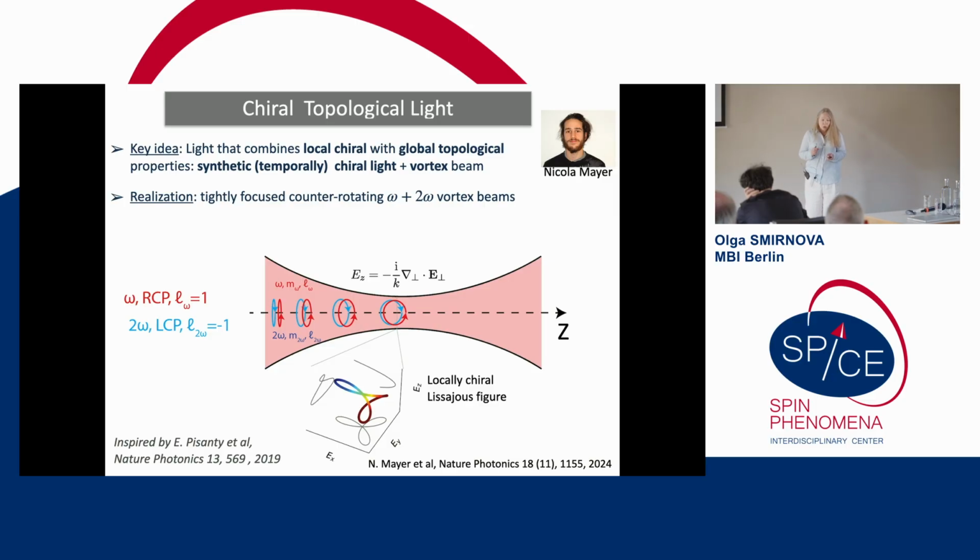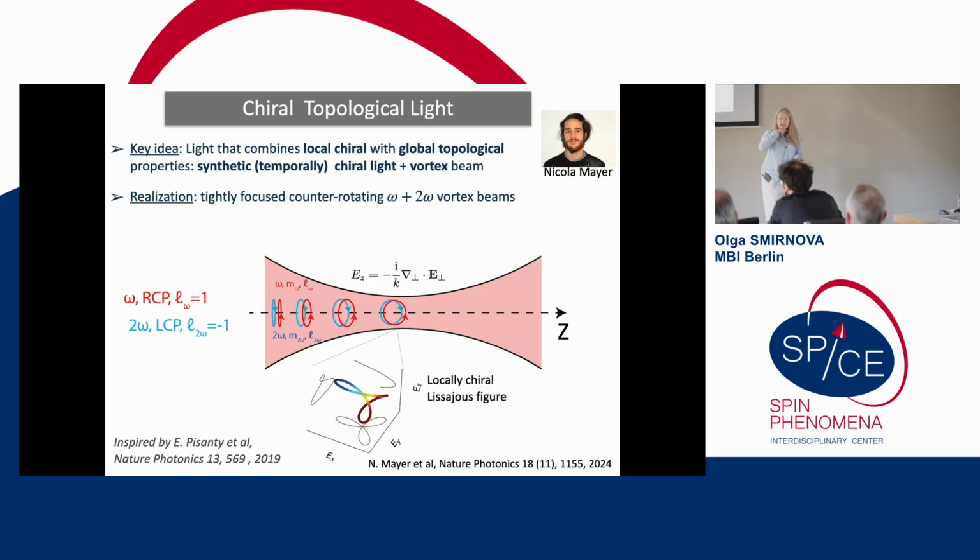Now, what I told you before was that we can manage to control the handedness of light in every local point in space, which means that now we can also shape it in space. The first option would be to make the handedness exactly the same in every point. This light would be locally and globally chiral.